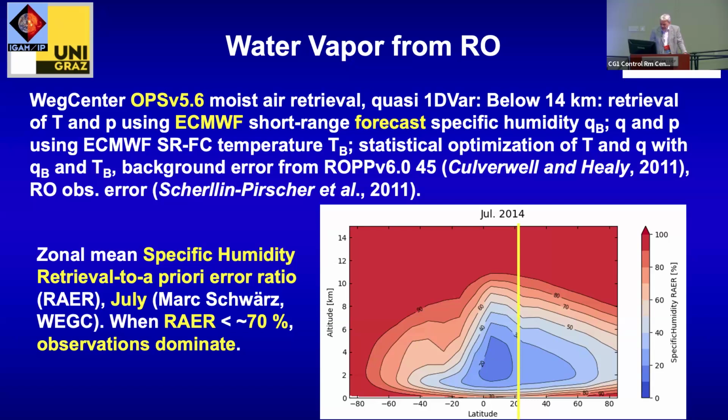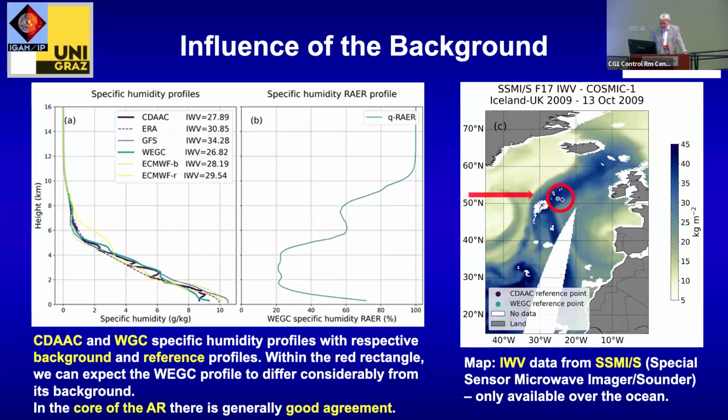This means on average, if you look at this plot here in July, we can expect to get information from the data in this height range here. Further up, it's basically just the background we are seeing, so we don't expect any additional information from the data itself.